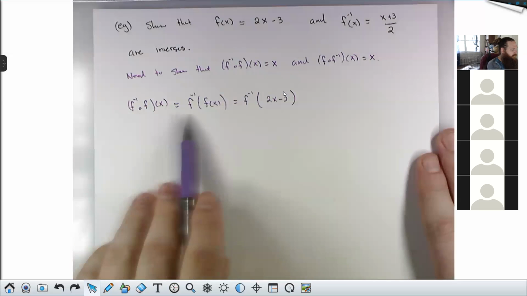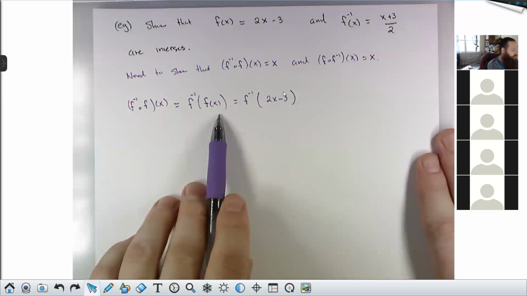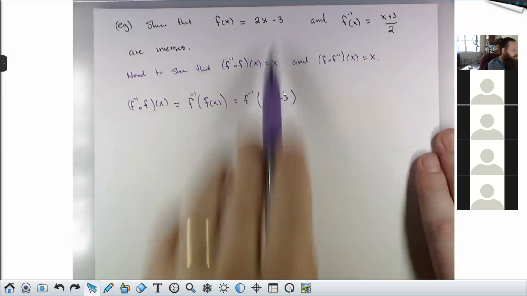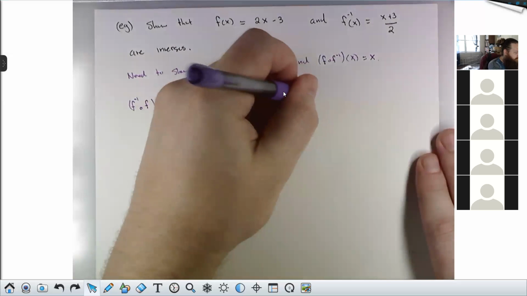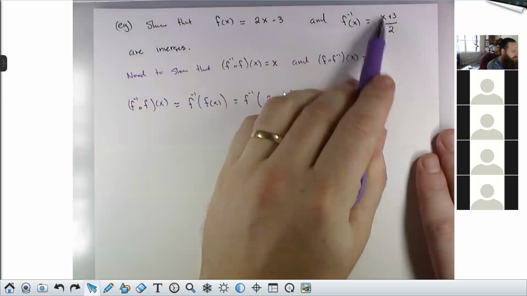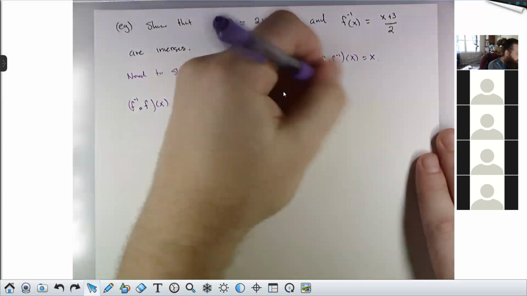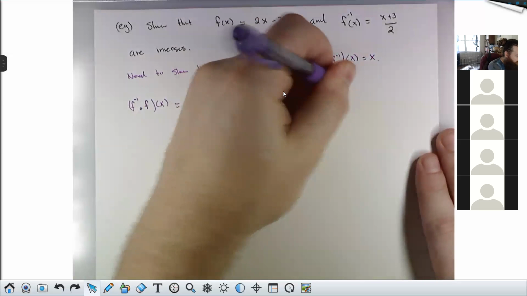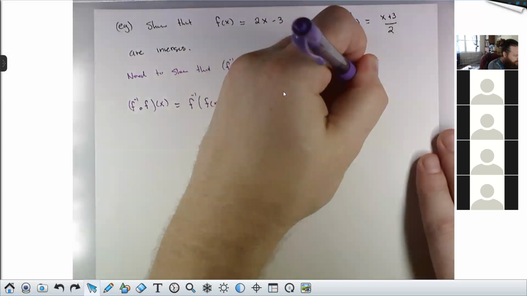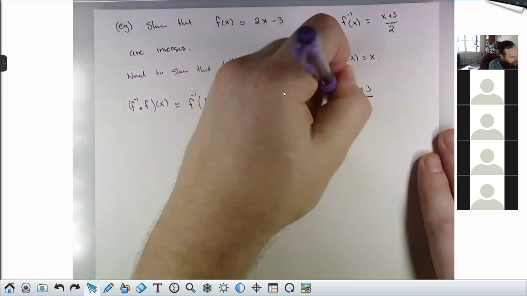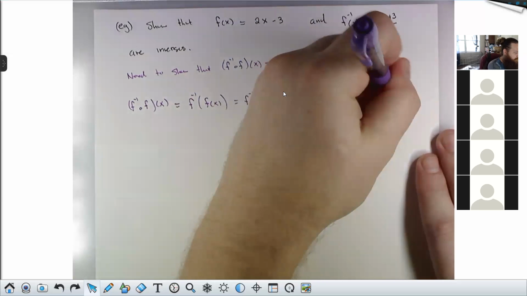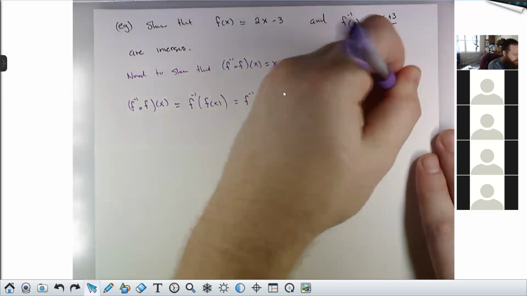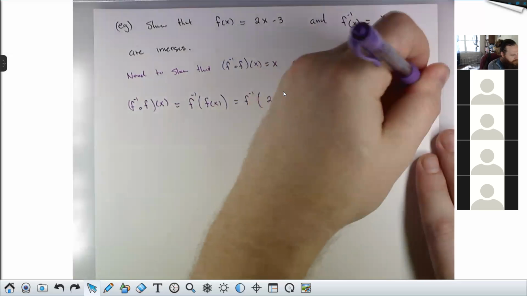Remember, when you do these compositions, you work from the inside out. I know what f of x is, it's 2x minus 3, and I want to take f inverse of that. So I'm going to plug 2x minus 3 in here in parentheses for x. That's 2x minus 3 plus 3 all over 2, which is 2x over 2, which is indeed just x.